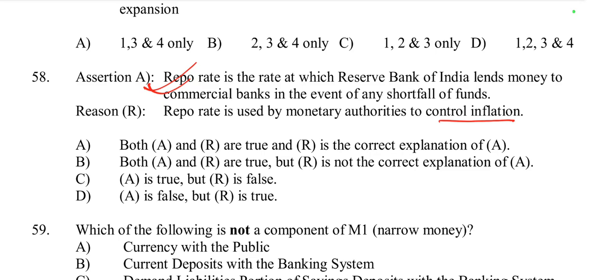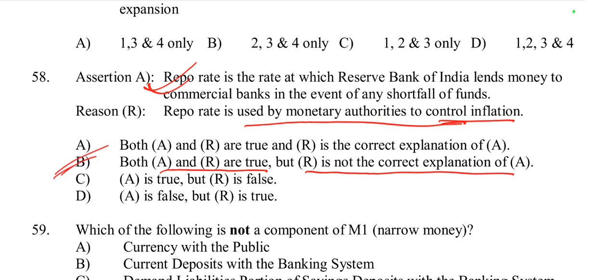Repo rate is not directly related with controlling inflation. Somehow it controls inflation, but it is not the correct reason for the assertion. So both A and R are true, but R is not the correct explanation of A.